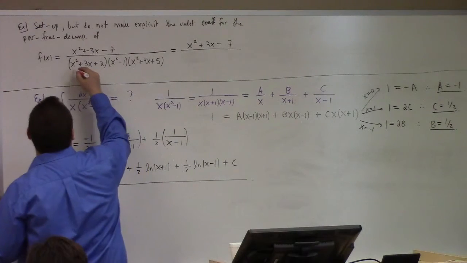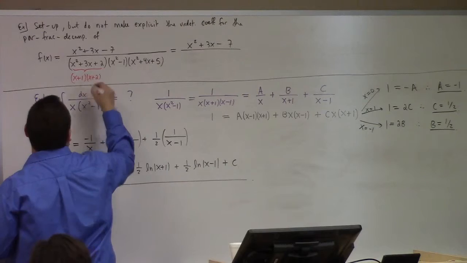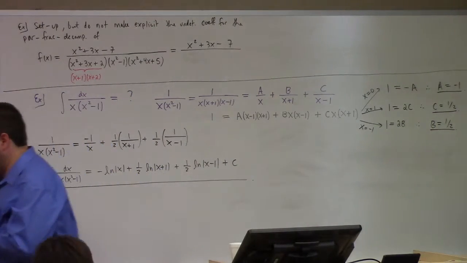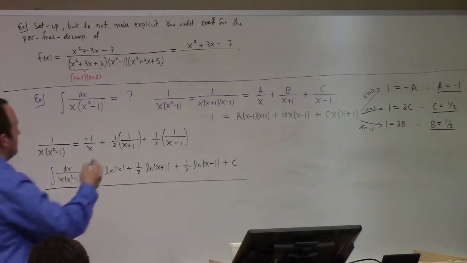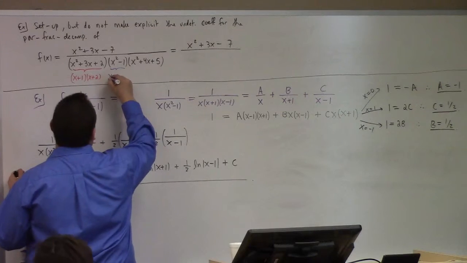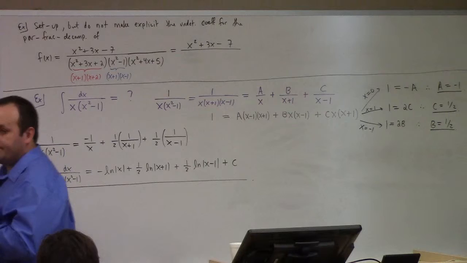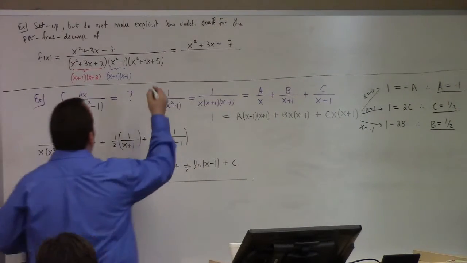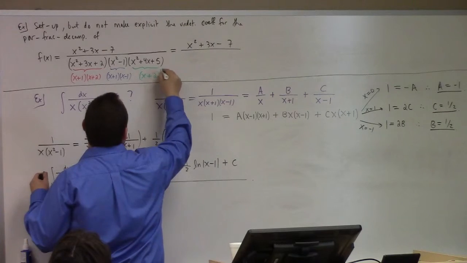All right, so this is x plus 1 times x plus 2, right? X squared minus 1, what's that? And how about that? That's one of my favorite irreducible quadratics. That's x plus 2 quantity squared plus 1.